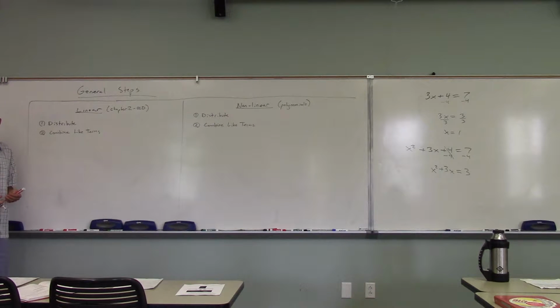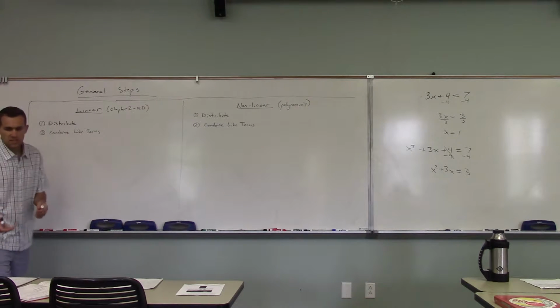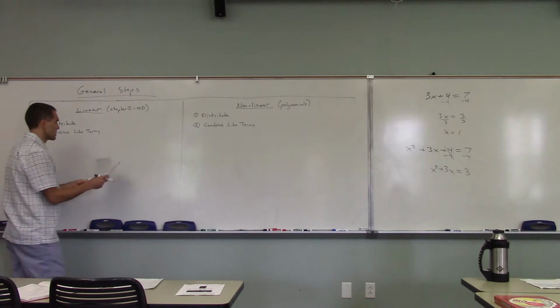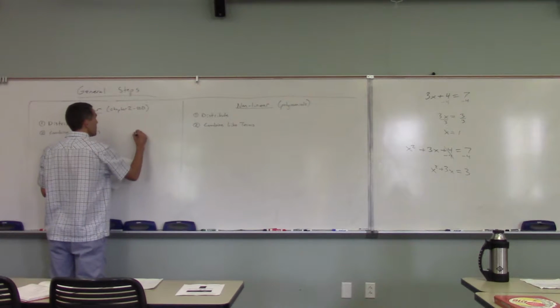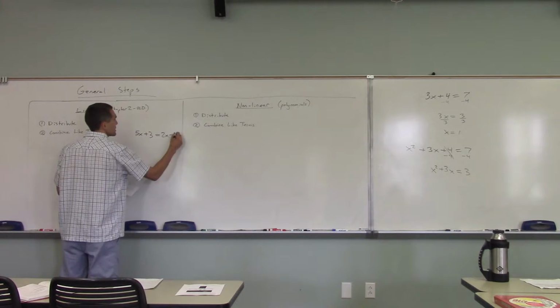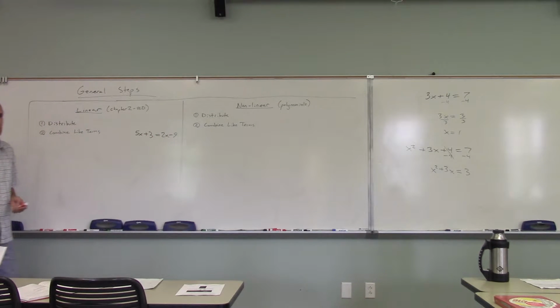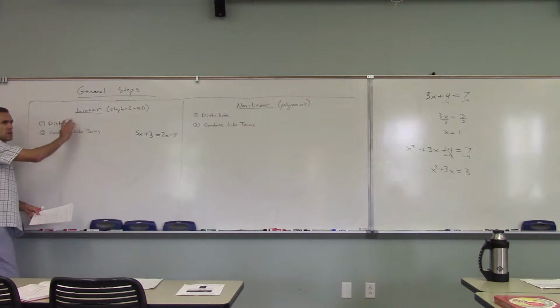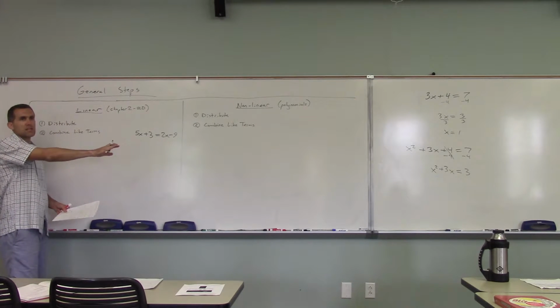We already know the plan for a linear equation. I'll give you an example and we'll just go through the steps. 5x plus 3 equals 2x minus 9. How would we solve that? What would be our next step? We're assuming already the distribution and combining like terms is done.